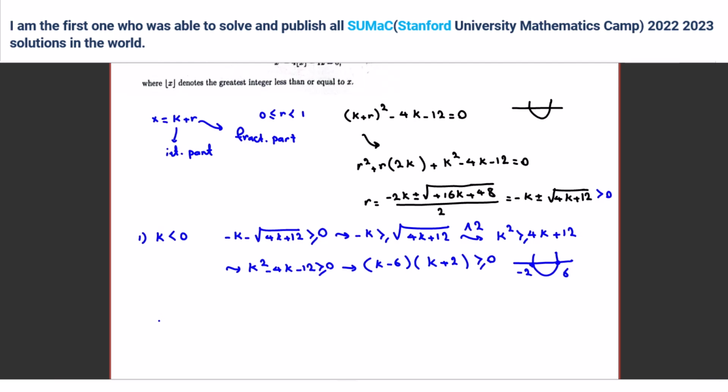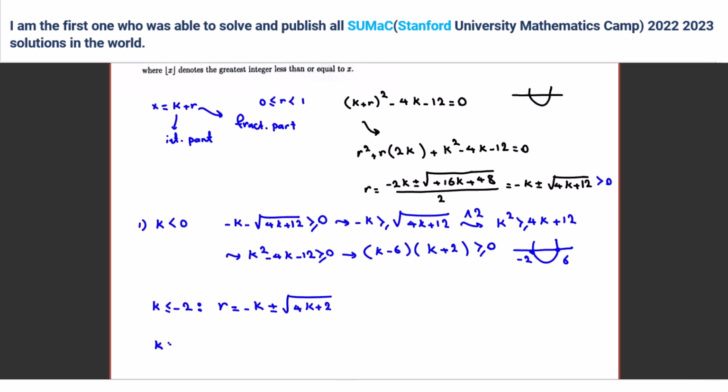So we can conclude k is less than or equal to negative 2. r can be both of them, right? Yeah. But if k is at least negative 1, we should only consider what sign, plus or minus? Plus.